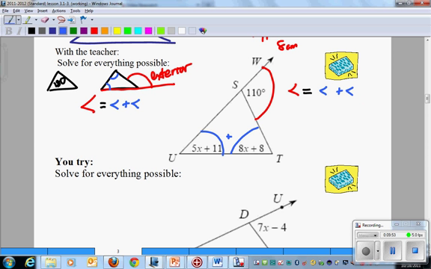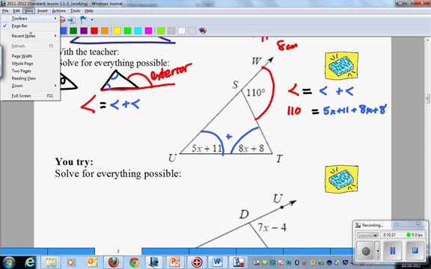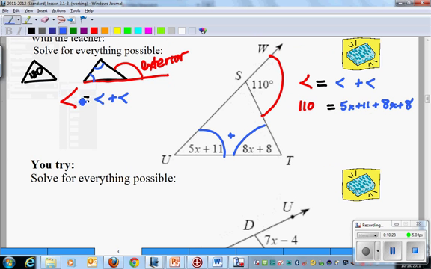So now let's solve for everything that we can solve for. That means 110 goes over here. 5x plus 11 plus 8x plus 8 goes over there. I'll pause and let you catch up. Okay, now we collect like terms.